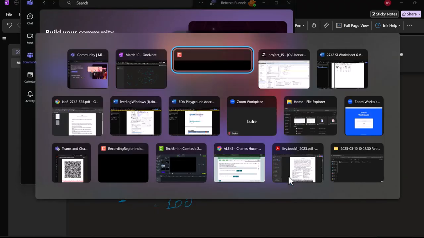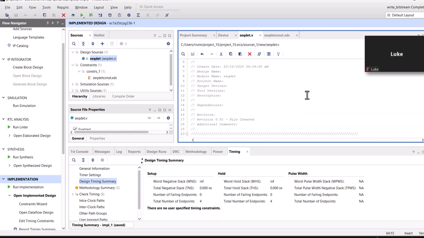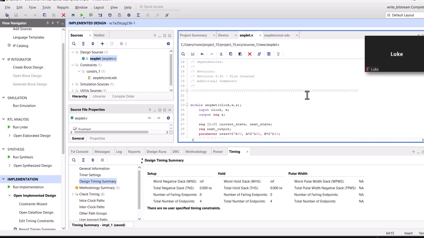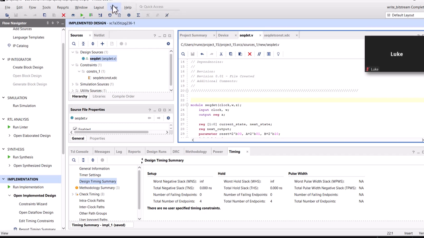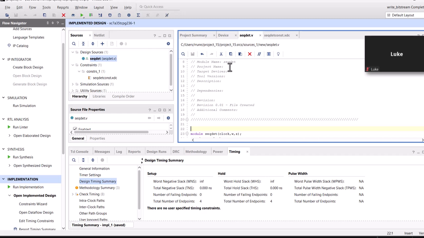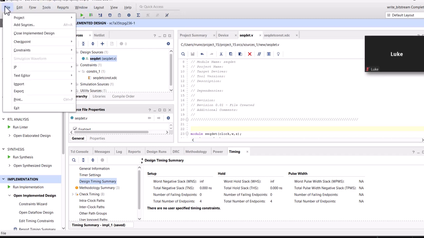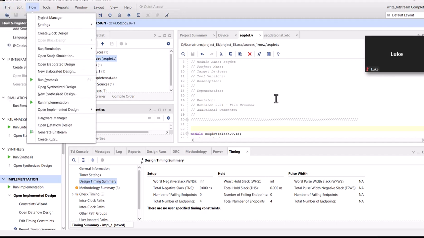In my code, I did not use a reset switch, but you'll see this will look very familiar to what we were just talking about. I know there's a way to make this bigger, but I will have to find it later.